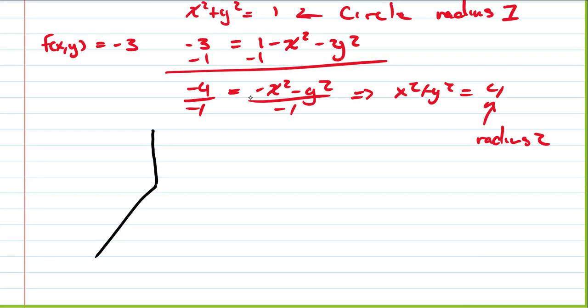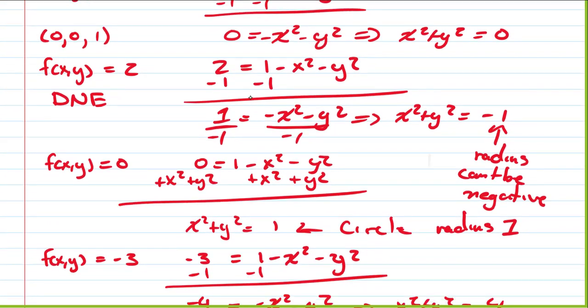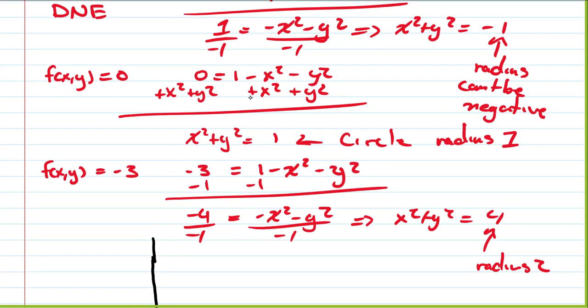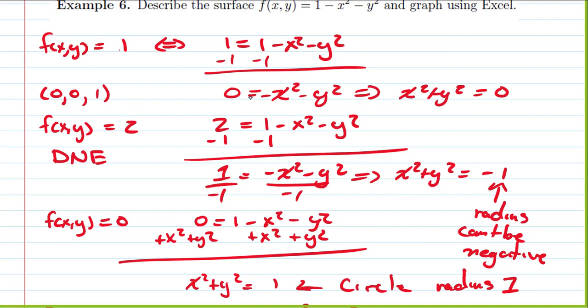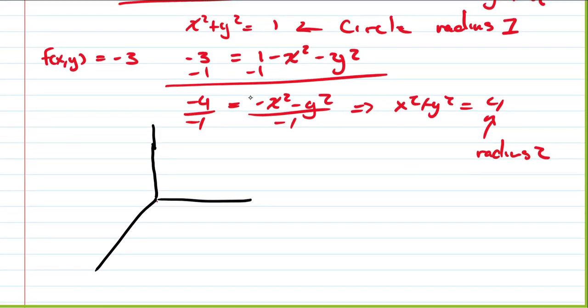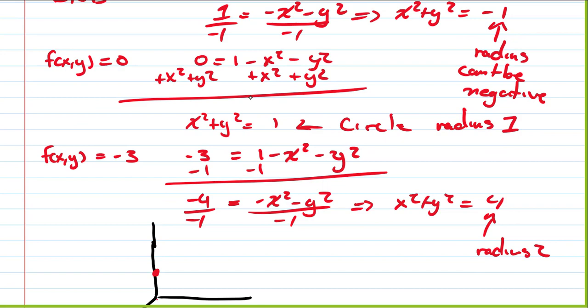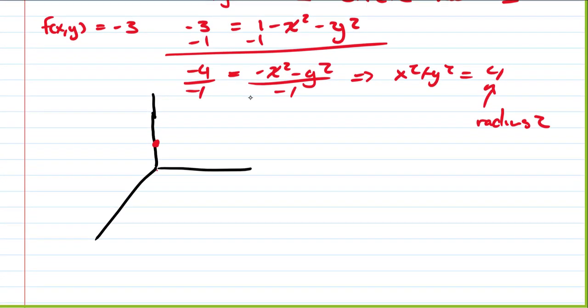So we're getting the same idea with our picture, but now if we start trying to draw what we have, something very interesting is happening. So this guy, we get our point 0, 0, 1 on our z-axis. And then when it's equal to 0, we got a circle with radius 1 in the xy plane. And then at negative 3, so that's all the way down here, in that plane, we get a circle with radius 2.